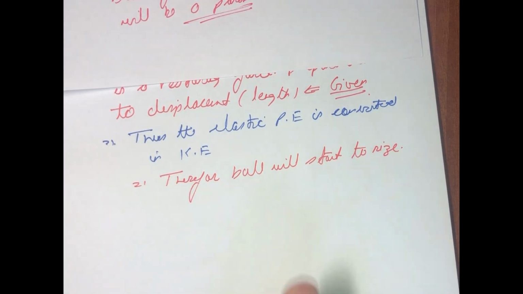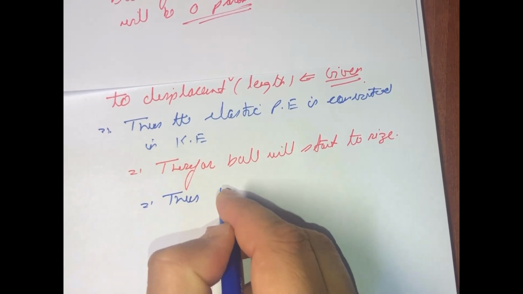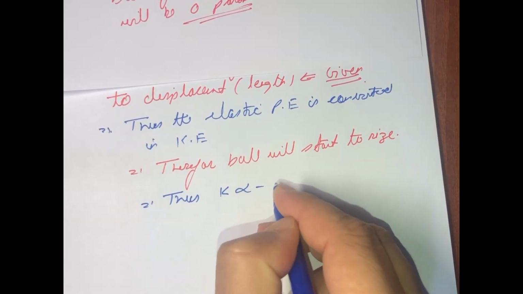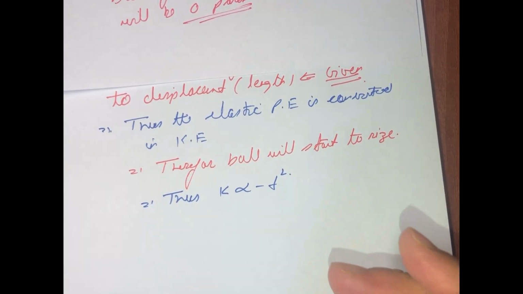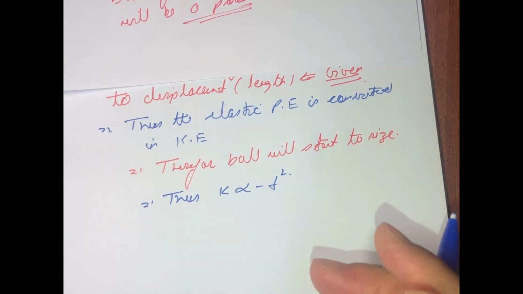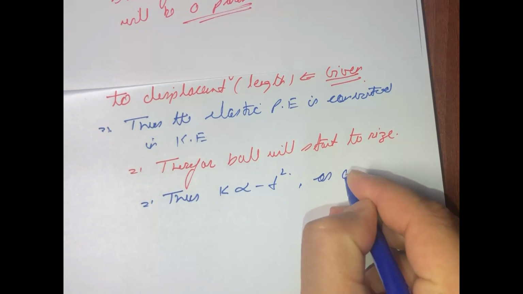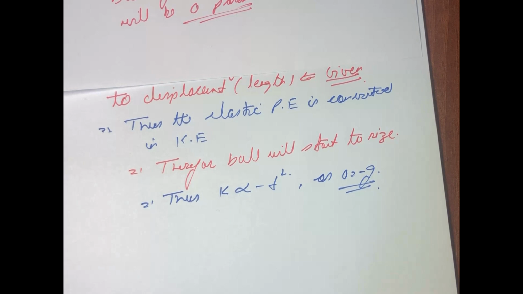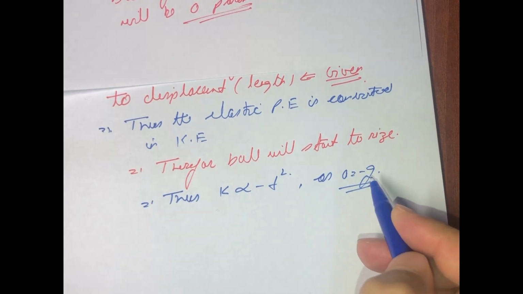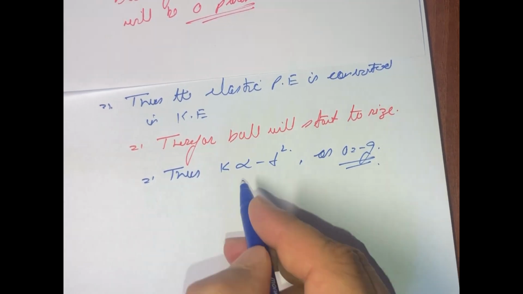And once again, we can prove, thus kinetic energy is directly proportional to minus of t squared, as now the acceleration will be negative of g, because a is equal to minus g. Once again, this is the equation of a parabola.